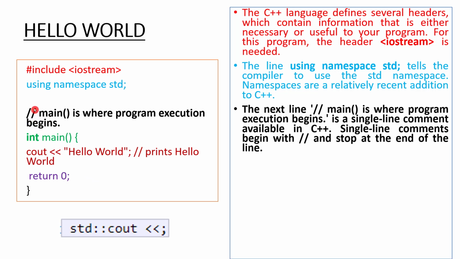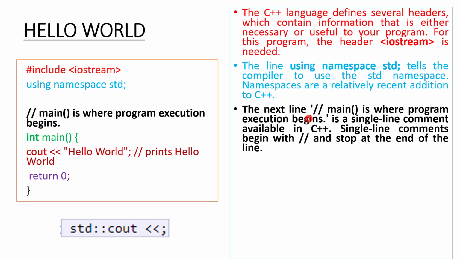And the next one is the double slash. If this is there in the program, the compiler won't read this line. Whatever you write after it won't be read by the compiler.